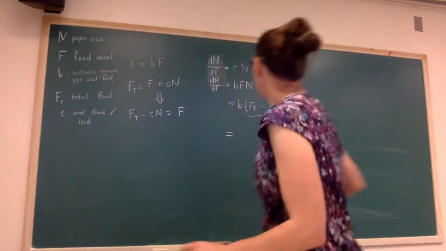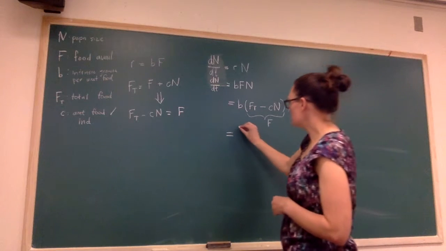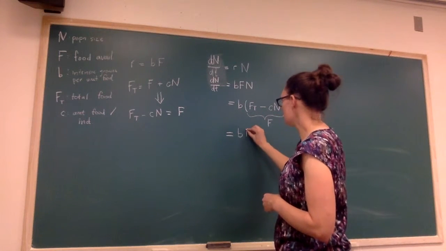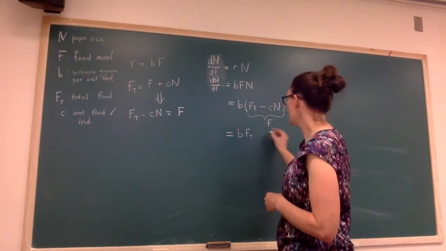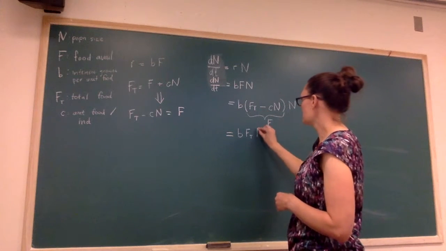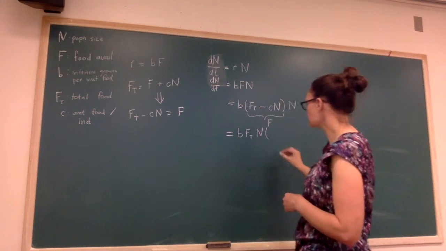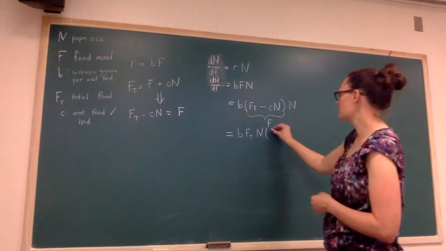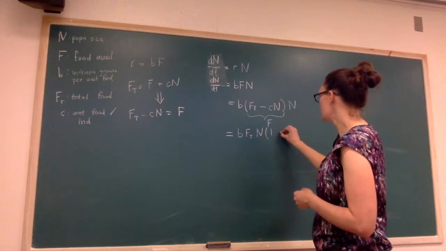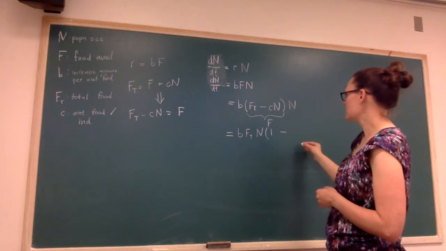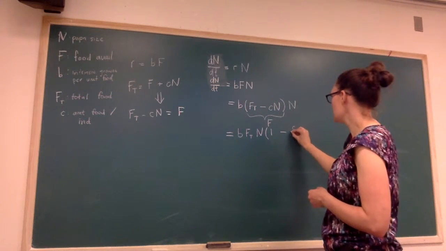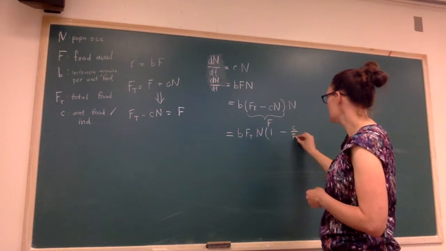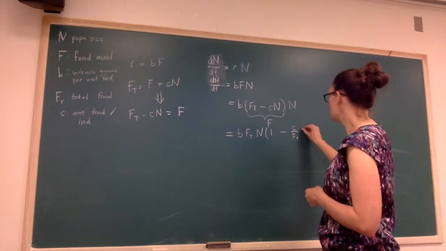Yeah. Okay, so I'm going to multiply by F of T, and I'll just bring this n across. So that's the multiplying by F of T part, and now this is the dividing by F of T part. So F of T divided by F of T is 1, and then we have C divided by F of T times n.